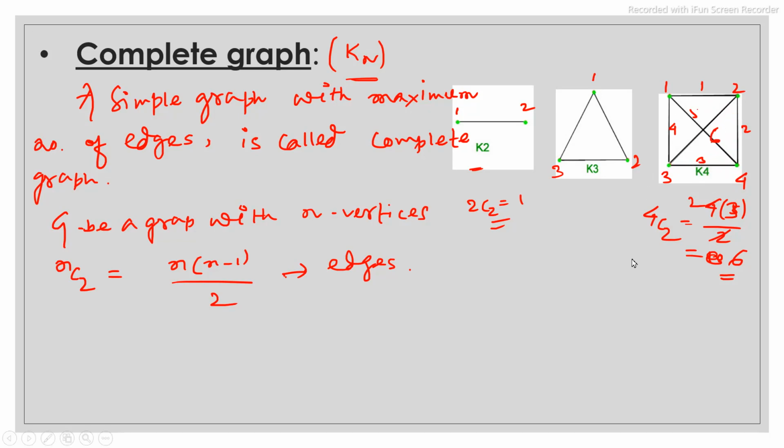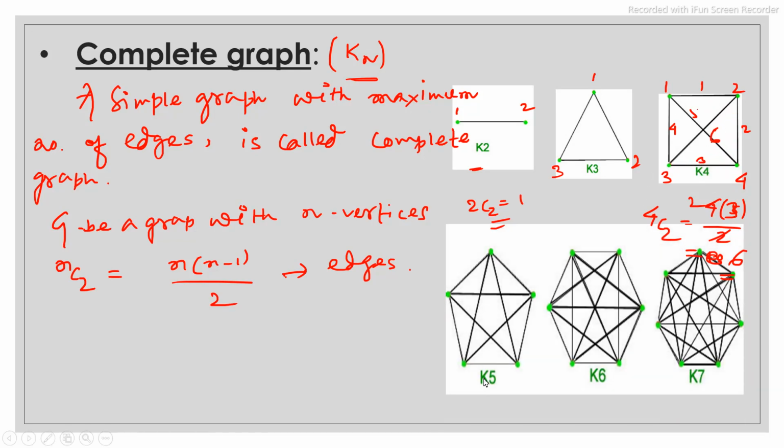Now this is K5. 5 vertices here, 1, 2, 3, 4 and 5. What is the maximum number of edges here? 5C2, that means 5 into 4 by 2, that means 10.